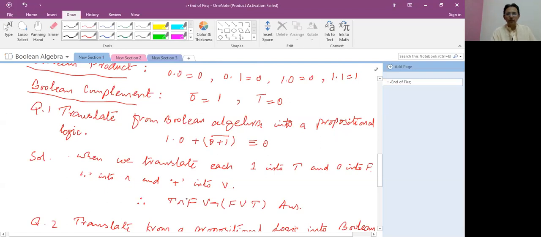The complement, the bar, represents negation. Then we have translated Boolean algebra into propositional logic.